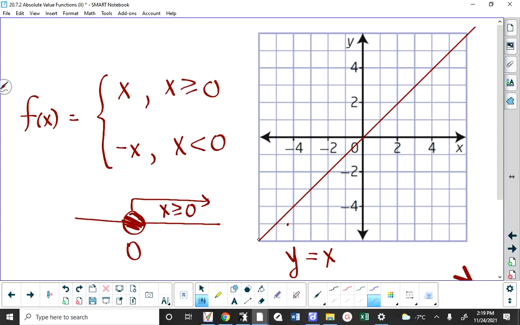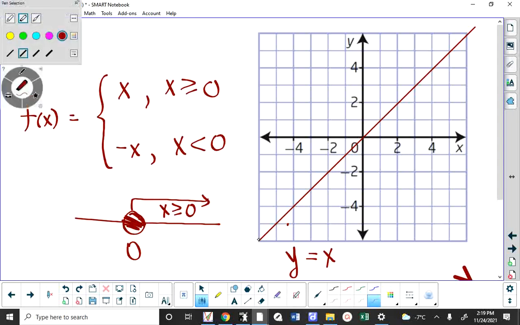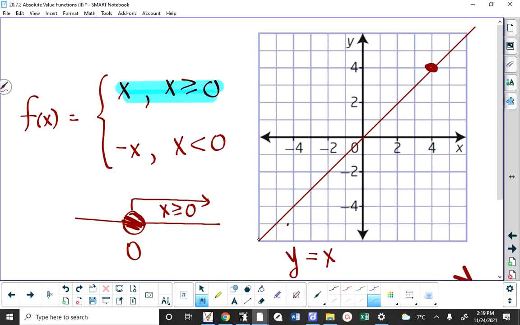Okay, now look up here. The function is this piece as long as x is greater than or equal to 0. So I have a question for you. At this point right here, is the x coordinate greater than or equal to 0? Yes, it is. So it is part of the graph.